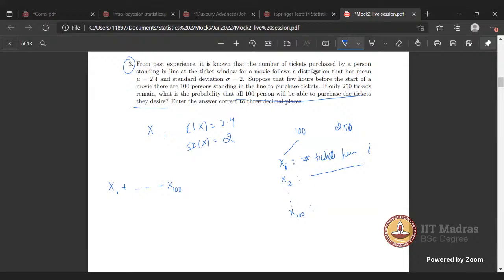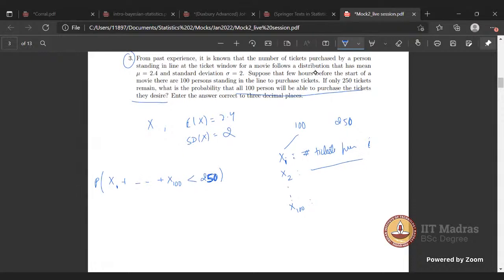So we have to find the probability that x1 to x100 is less than 250. Only in this case will all the tickets that they want to buy be available to them, right?